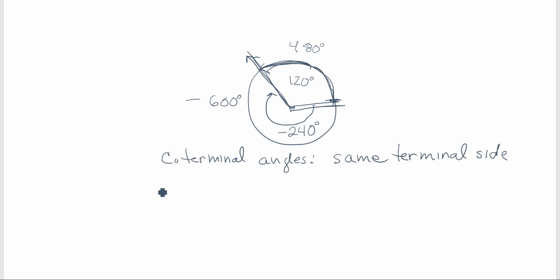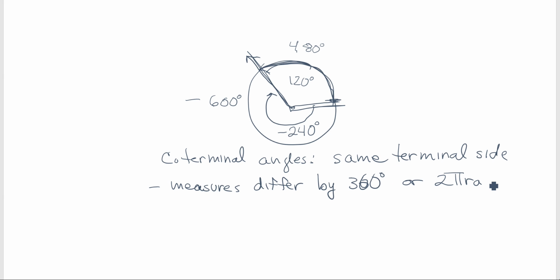And what we notice is the measures differ by 360 degrees, or if we're in radians, 2 pi radians.